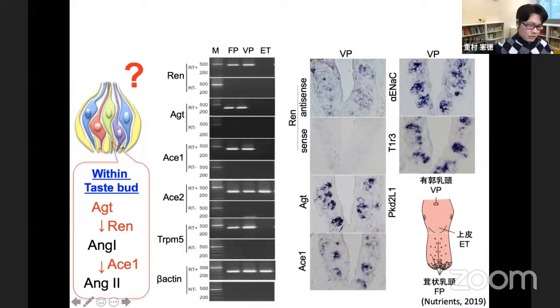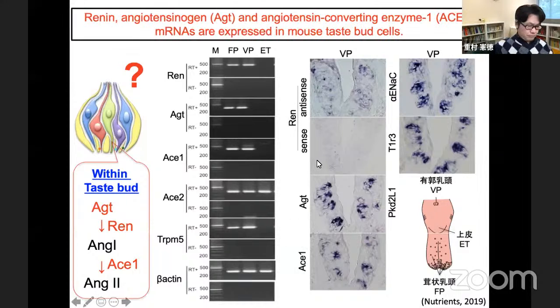These results strongly suggest that all renin-angiotensin system components were expressed in mouse taste bud cells in both fungiform and Barrett papillae.